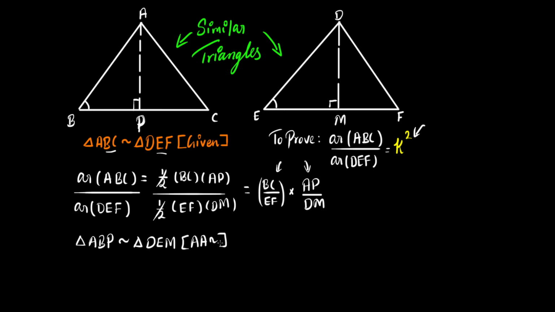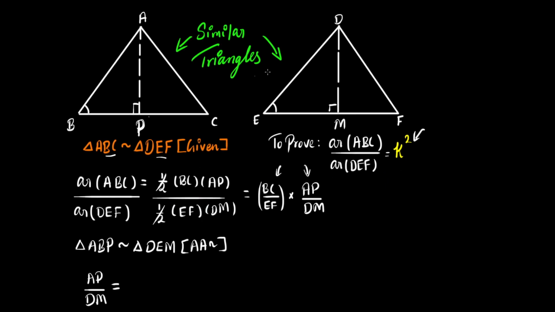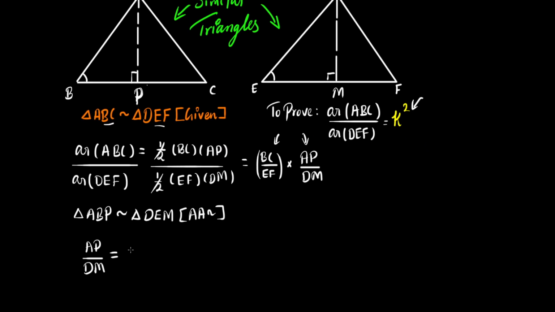With that, we can find AP by DM. Writing the corresponding sides, AP by DM is equal to AB divided by DE, and we got this relationship.